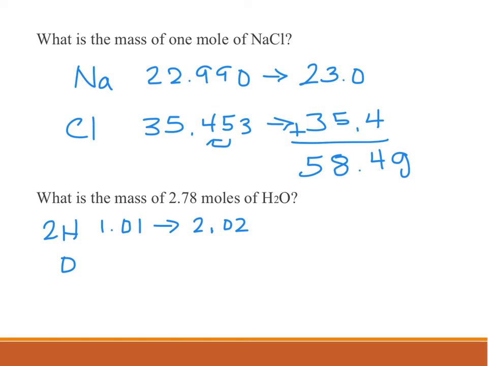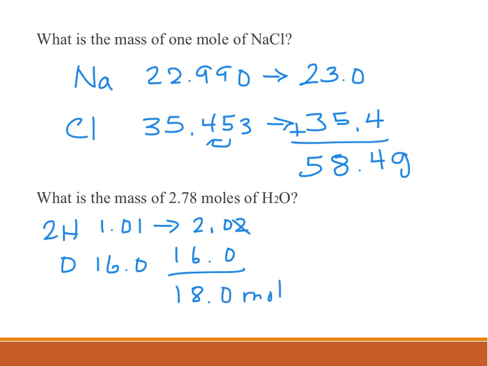And then oxygen is 15.999, so again, that's going to round for 3 significant digits to 16.0. And we just have 1 of them, so if we add our 16.0 to our 2.02, and again, we're going to make it 3 significant digits, so we'll knock off that 2. We have 18.0 as the mass of 1 mole.